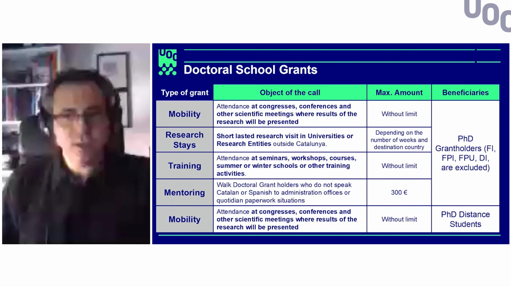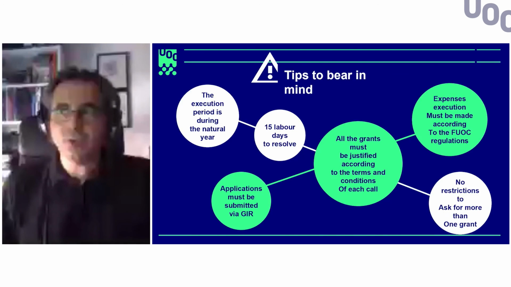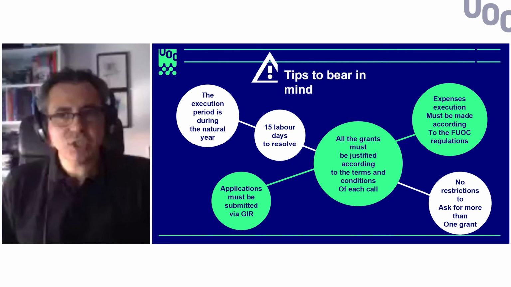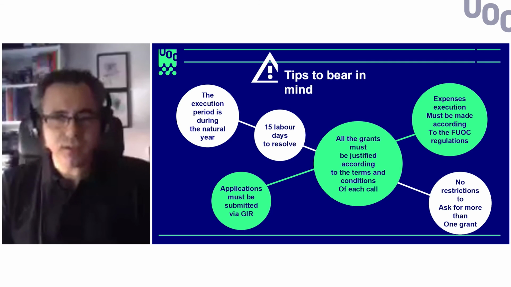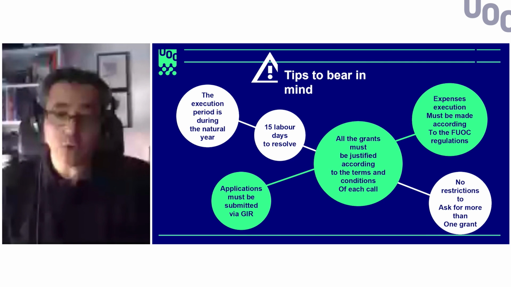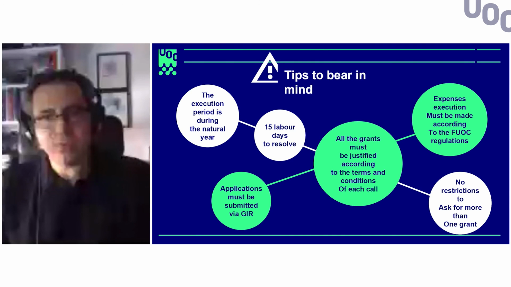That's the important thing, to know how to manage it. They all share the same pattern, that it's for 1 year. They are quickly resolved because they are internal. And depending on the kind of grant that you apply for, it covers some kind of expenses.